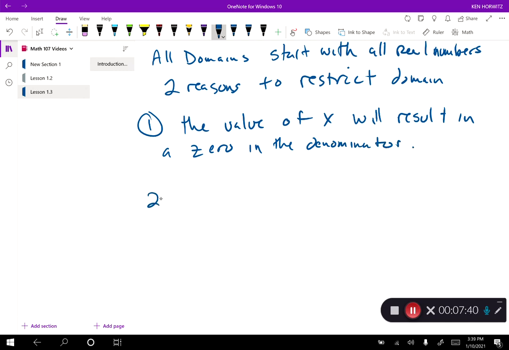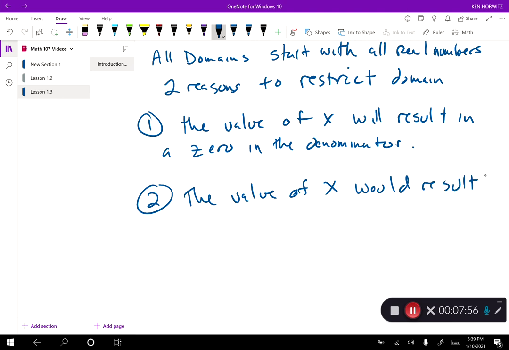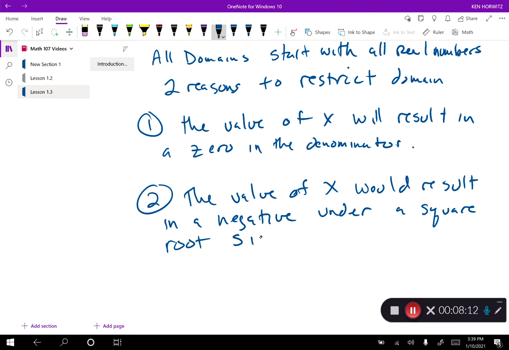And the second reason is that the value of x would result in a negative under a radical symbol, under the square root sign.